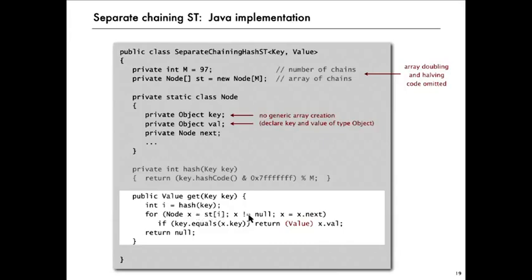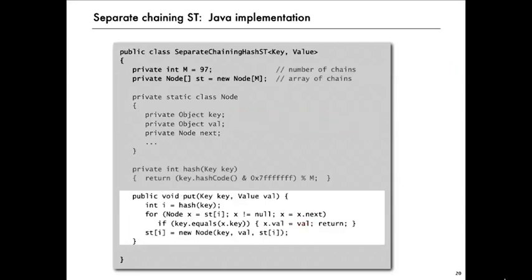Start at the first node, as long as it's not null, go x equals x dot next, and if you find a key that's equal to the key you're looking for, return the value, and we have to cast it to value because of the generic array creation problem in Java. Otherwise you return null. So that's not much code, and it's trivial code at that for doing an efficient symbol table search using hashing.